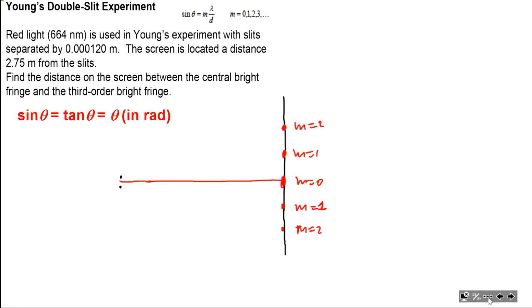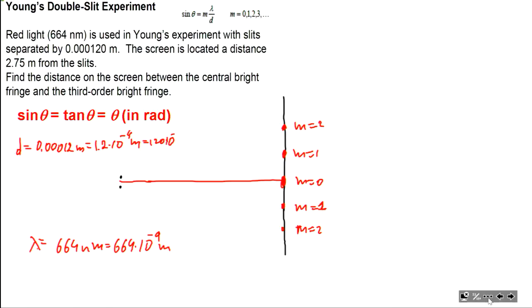What are we looking for? The wavelength is 664 nanometers, and again, nano means 10 to the negative 9. The slit separation or sources separation, d, is 0.00012, 1.2 times 10 to the negative 4, or 120 times 10 to the negative 6.